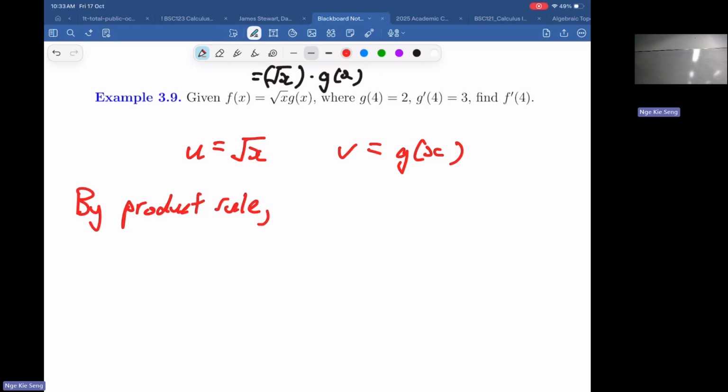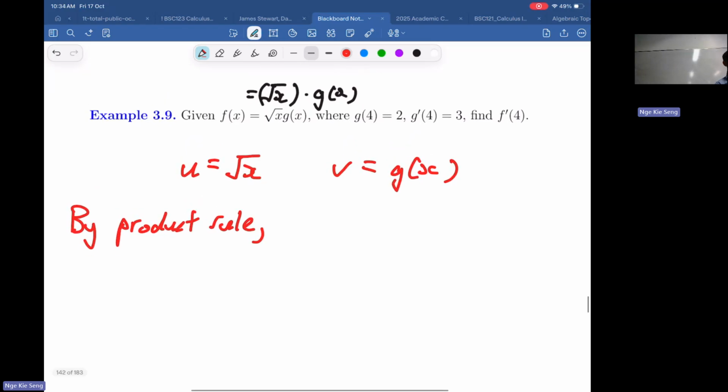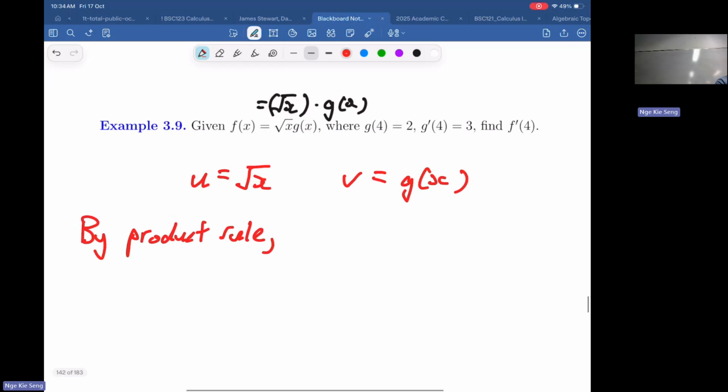From the product rule, you really should know whether square root of x is differentiable or not, and whether g(x) is differentiable or not. So I think this question is missing one assumption. You know what assumption is missing? We know that square root of x is differentiable. How about g? We don't know.